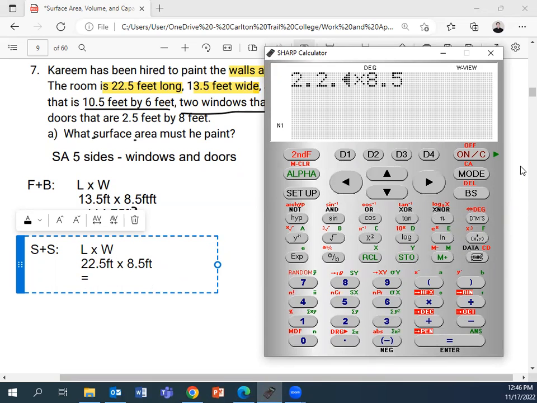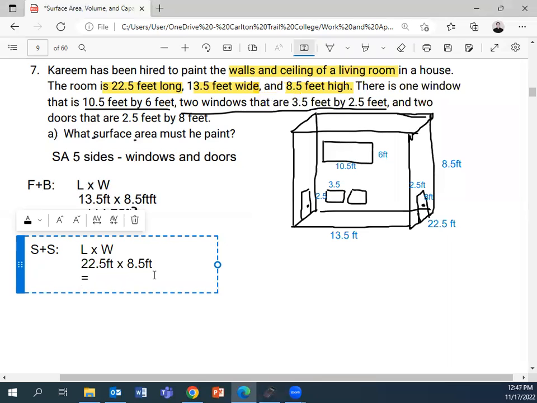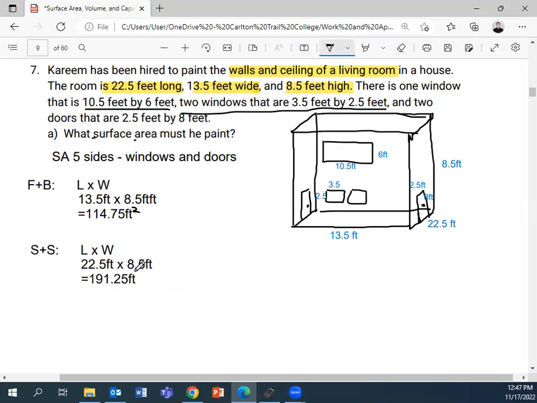Okay, screw it. 22.5 times 8.5. I just want to show you. Press the change button. 191.25 feet squared. Okay.